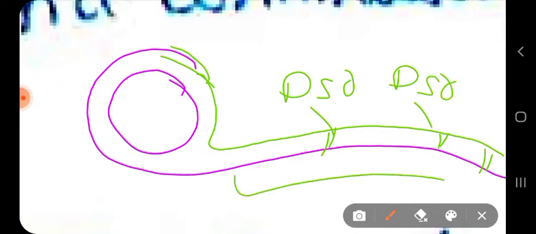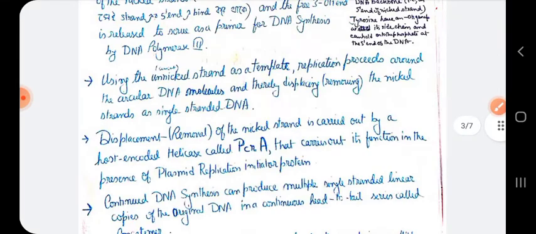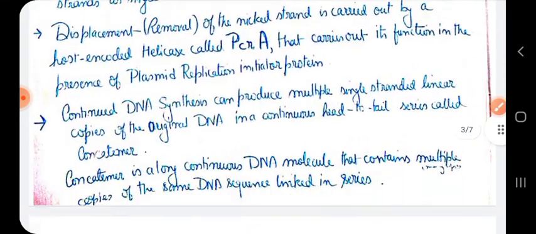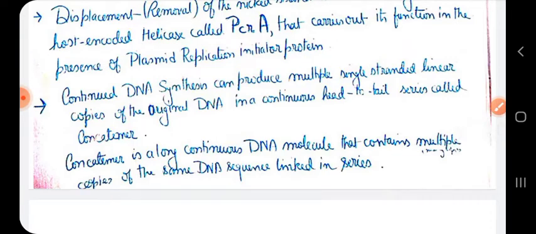So this linear DNA being formed is known as the concatemer, having multiple origins of replication. Okay, a concatemer is a long continuous DNA molecule that contains many copies of the same DNA sequence linked in series.